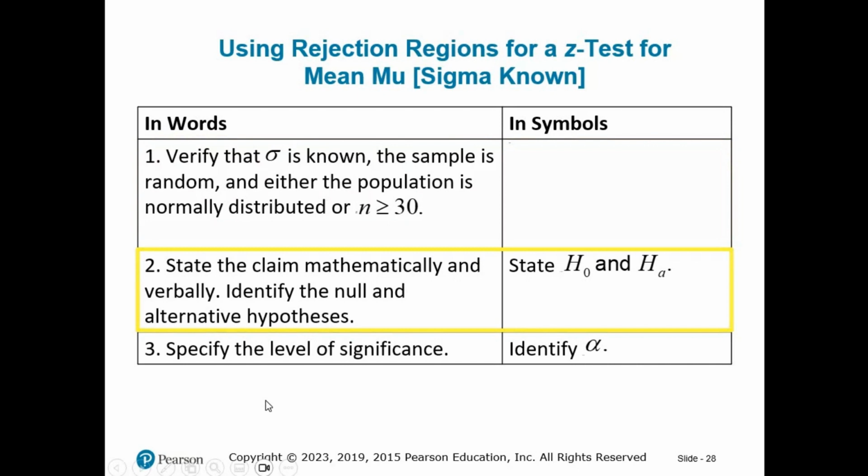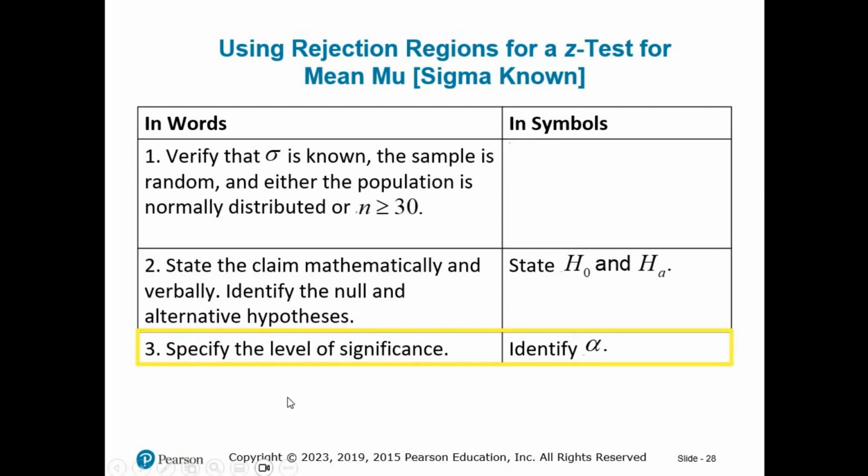Next, we need to come up with our null and alternative hypothesis. We've talked about how to do this. You start with whichever one represents the claim, and remember it can be either one. If it's an expression that has an equality statement in it, less than or equal to, or greater than or equal to, it will be in the null hypothesis. If it's an inequality, it will go in the alternative hypothesis.